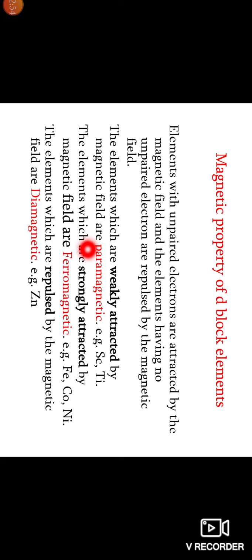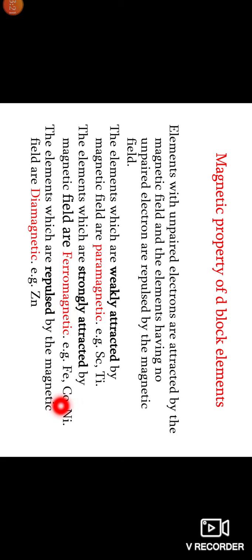If you write the electronic configuration of scandium and titanium, you will get a small number of unpaired electrons. Scandium contains 1 unpaired electron and titanium contains 2 unpaired electrons. They are weakly attracted by the magnetic field and so they are known as paramagnetic elements. The elements which have a larger number of unpaired electrons are known as ferromagnetic elements.